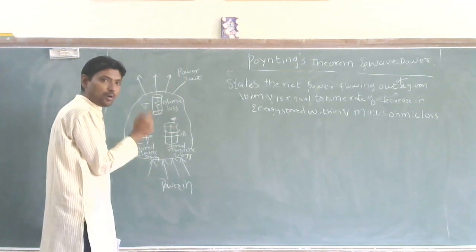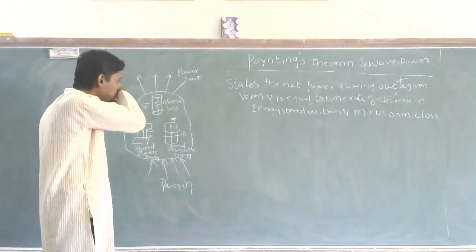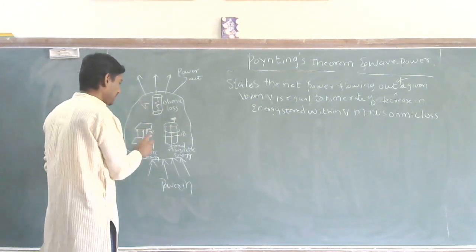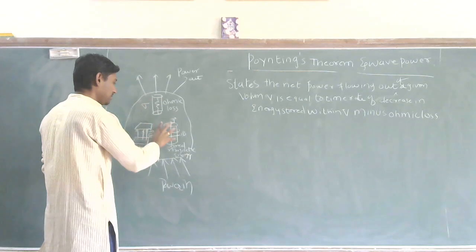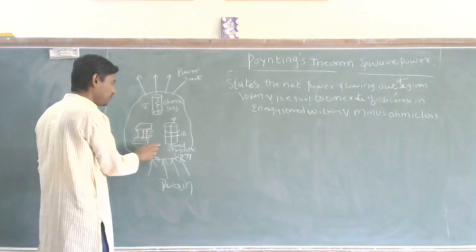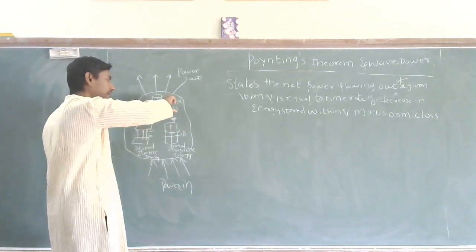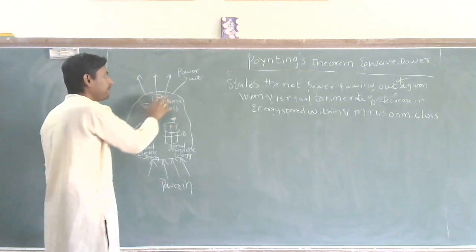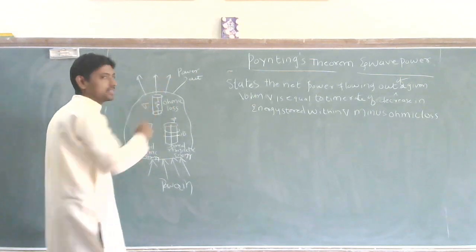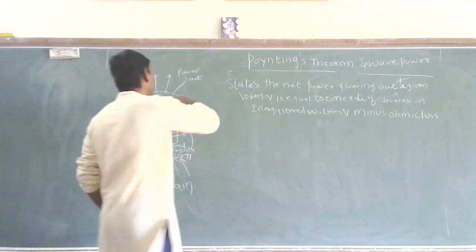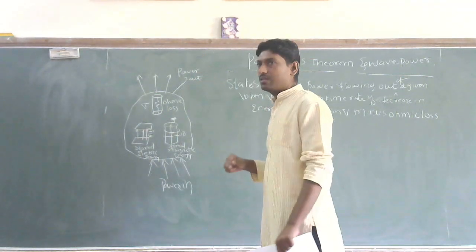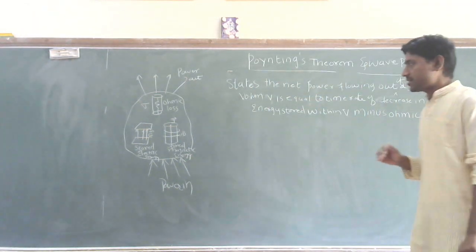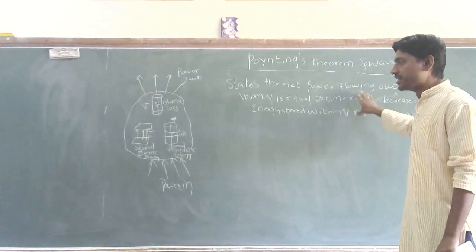It will obviously be equal to the power which is consumed, minus this particular ohmic loss. The remaining power will be available from this particular volume. And that is what is being stated in this particular statement.